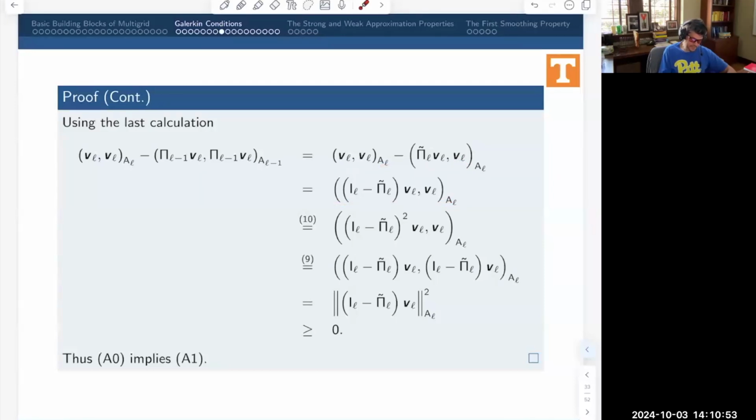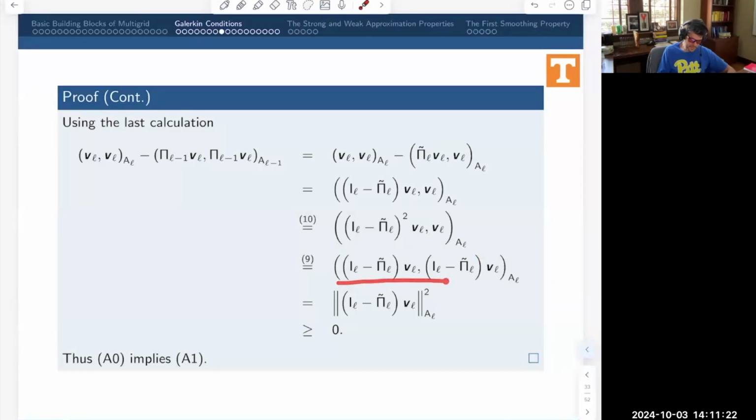Now I'm going to use the fact that this is a projection matrix. It's equal to its own square. I can move one of those over to the other side, into this inner product, as an adjoint. But remember, we showed that it's self-adjoint, so no problem there. I don't have to put the star; I can just leave it unstarred because it's self-adjoint.